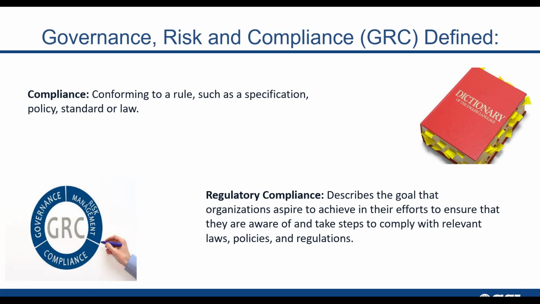And lastly, the C portion of our GRC is compliance. In its simple base form, it is conforming to a rule such as a specification, policy, standard, or law. In ERP systems, we are typically dealing with regulatory compliance. It describes the goal that organizations aspire to achieve in their efforts to ensure that they are aware of and take steps to comply with relevant laws, policies, and regulations.